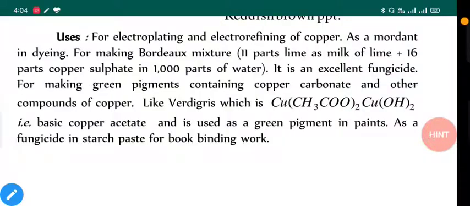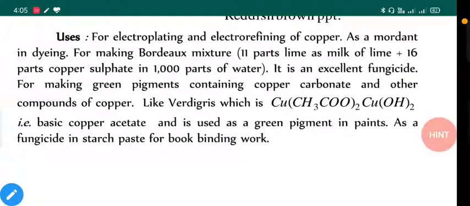Now let's talk about the uses: electroplating and electrorefining of copper, that means purification of copper. It is used as a mordant in dyeing, and for making Bordeaux mixture: 2 parts of lime as milk of lime and 16 parts of copper sulfate in 1000 parts of water. It is an excellent fungicide, that means it can be used for removal of fungus.